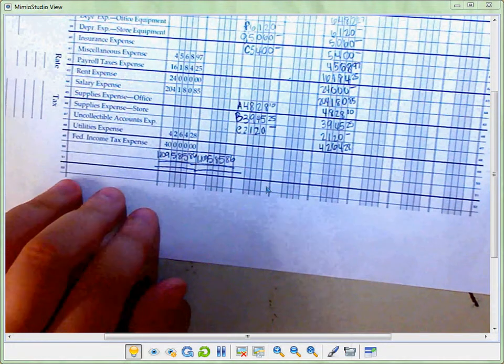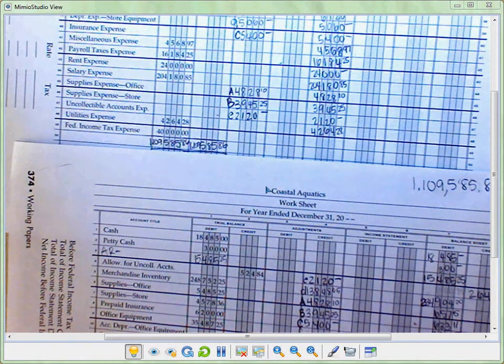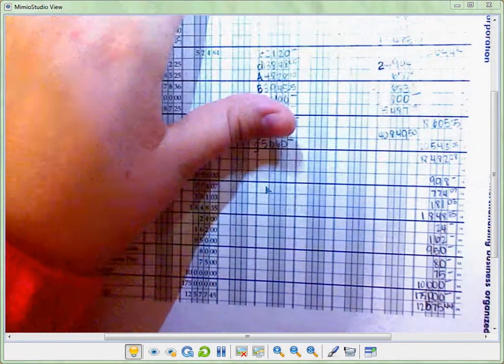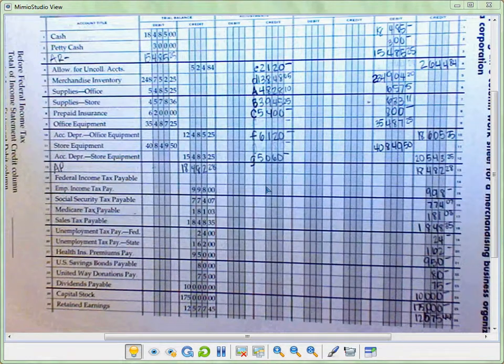Now what we need to do is on page 374. And we're going to do there at the bottom where it has the before federal income tax.